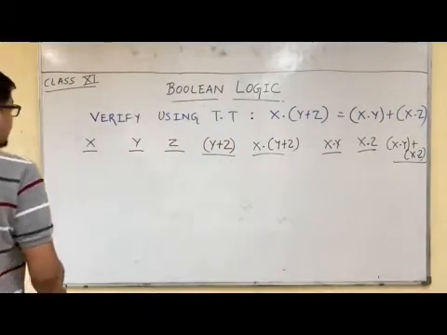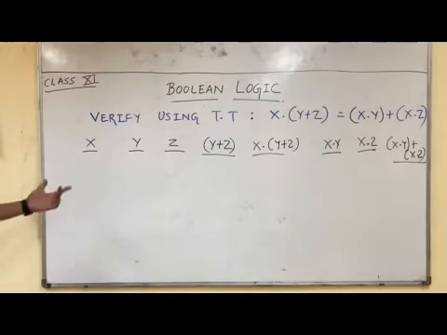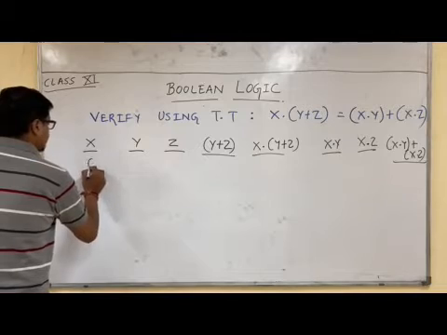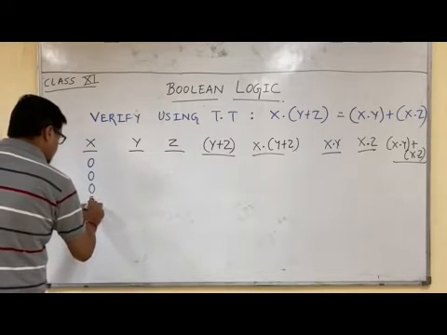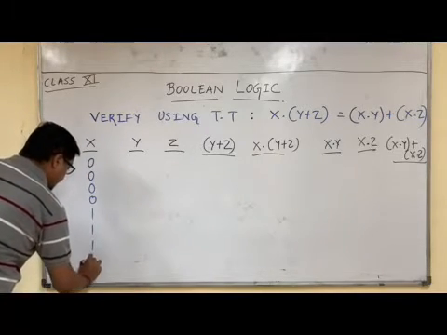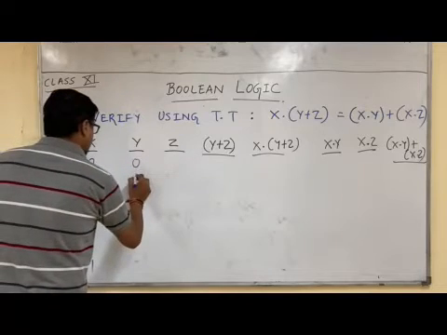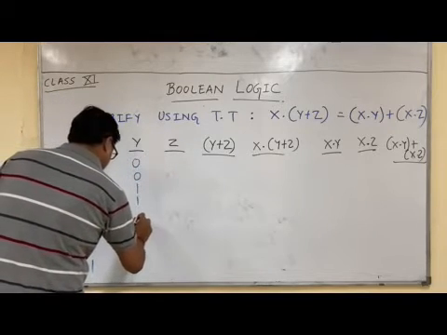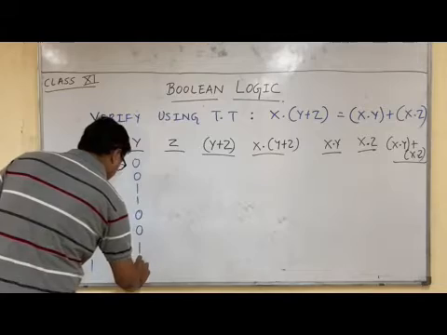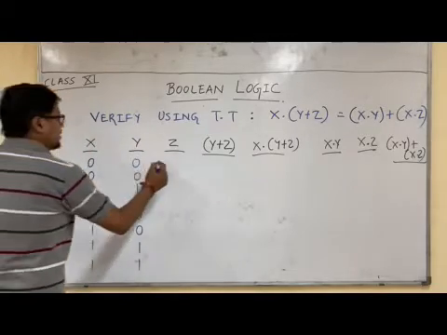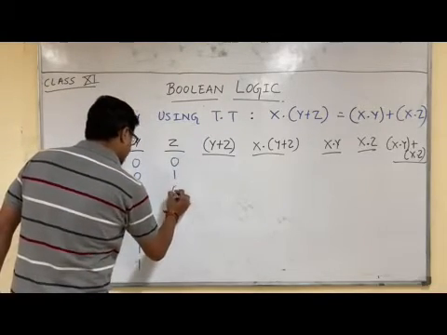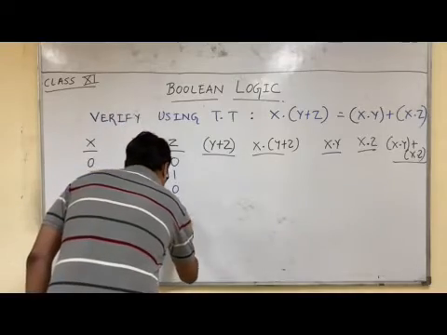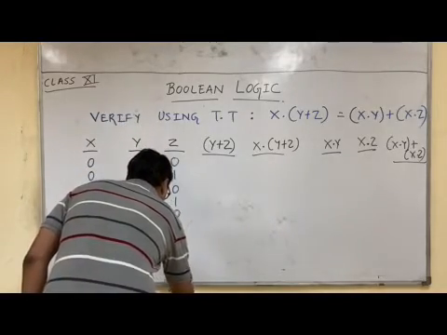Now every time we want to be doing 3 variables, so how many entries? 8. So just see 0 0 0 0 1 1 1 1, 0 0 1 1 0 0 1 1, finally 0 1 0 1 0 1 0 1.